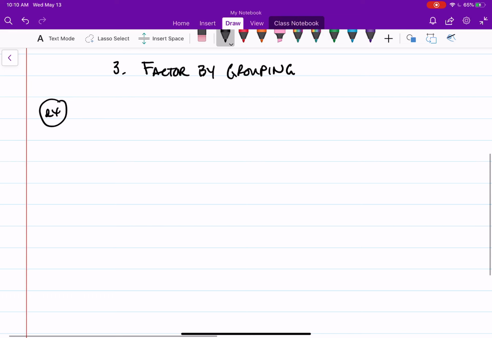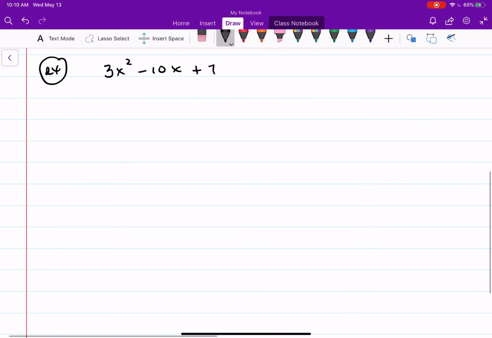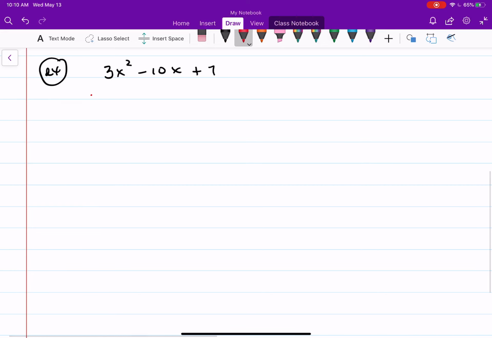Let's take, for example, 3x squared minus 10x plus 7. So A is equal to 3, B is equal to negative 10, and C is equal to 7.